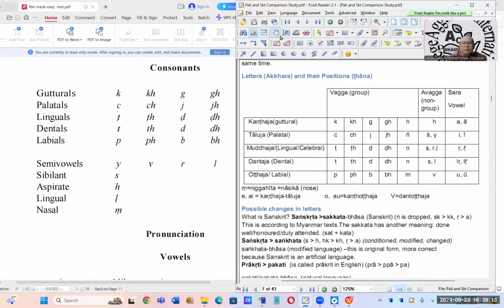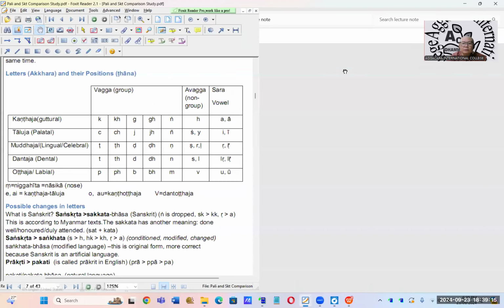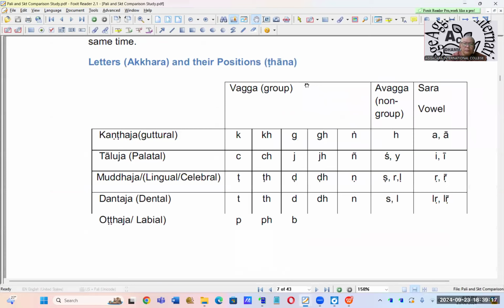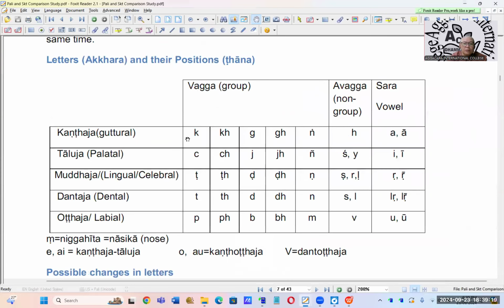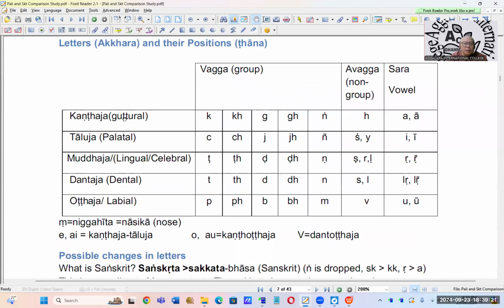Let's see here. All right, so we have the Kuttara, Kanthaja. Ja is born or arise.